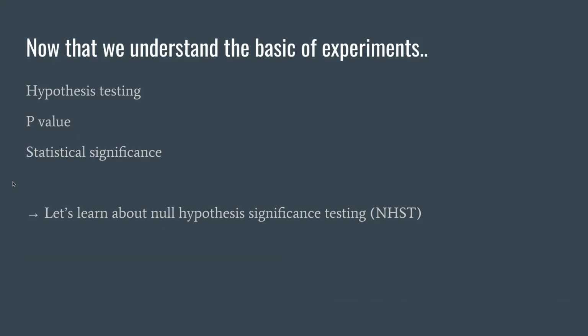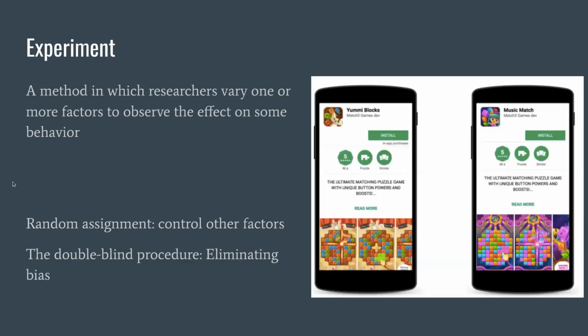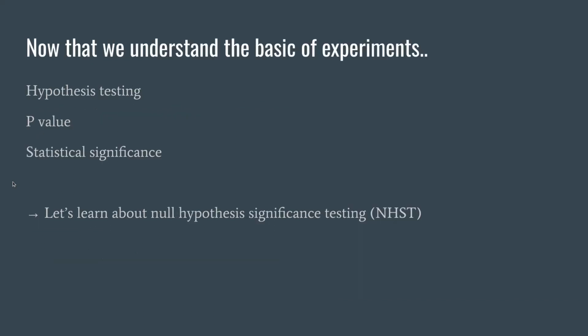So we looked at what an experiment is and two important things about setting up an experiment. Let's learn about hypothesis testing, p-value, statistical significance, which will be null hypothesis significance testing.